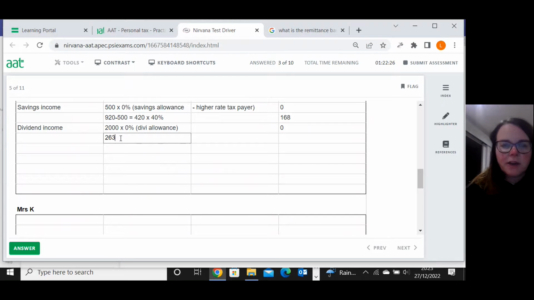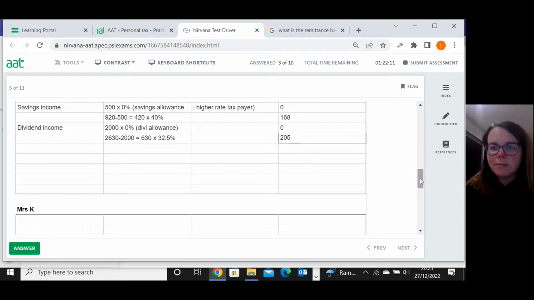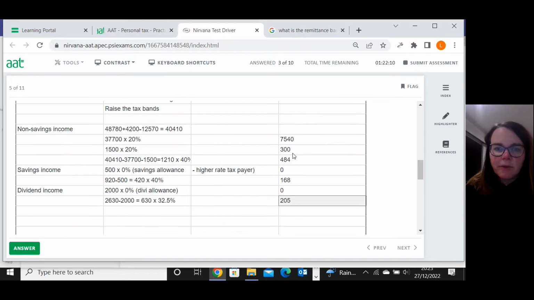So 2,630 minus the 2,000 equals 630. Watch out for dividends, higher rate, 32.5%. You can always check that in the reference material if you wish. So we've got all the components there. Add them all up. Label it tax liability.